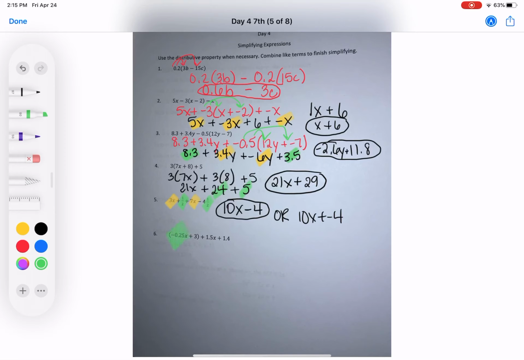I have -0.25x and 1.5x. And then I also have my constants, which is 3 and 1.4. So -0.25 plus 1.5 is 1.25x, and 3 plus 1.4 is 4.4.